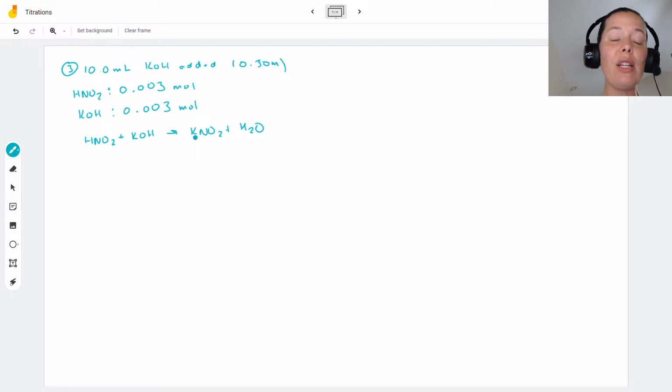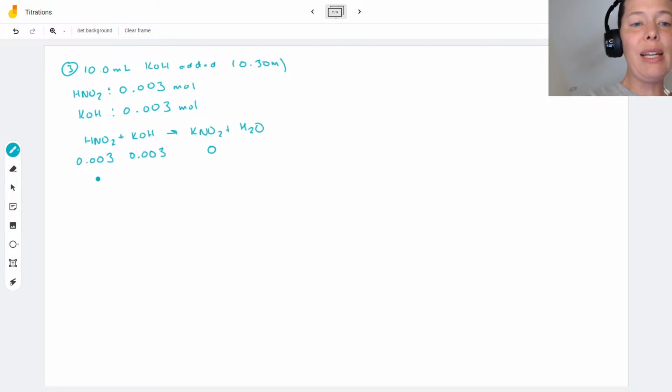So let's see how much. I'll start here again with my quasi-ice table. I have 0.003 moles of my acid. I have the same number of moles of my base. So this is, again, kind of the trick question if you want to say which one is the limiting reactant. Well, they're both the limiting reactant.